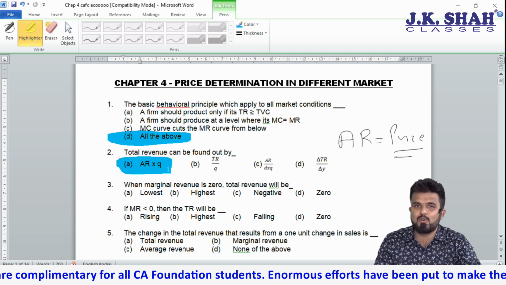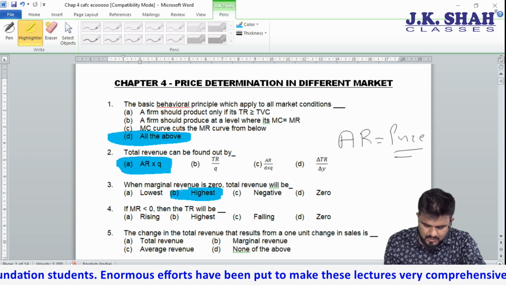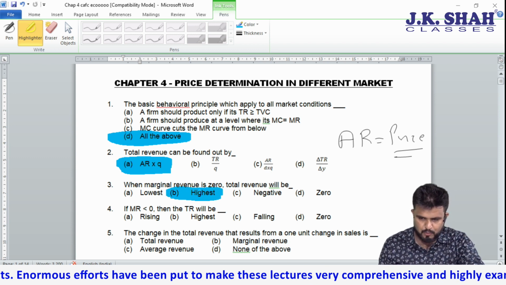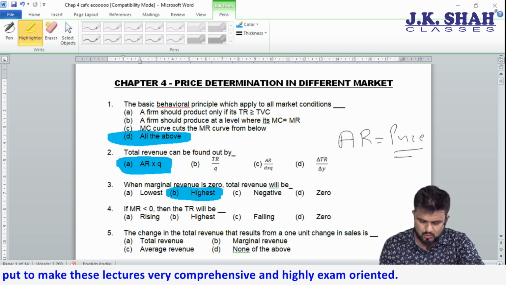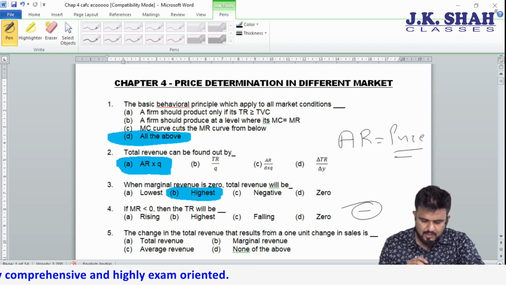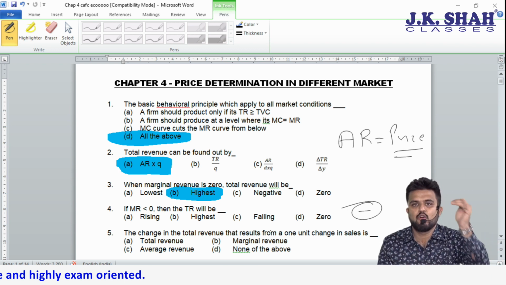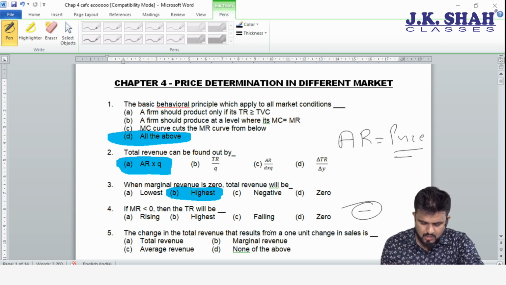MR is 0, TR is maximum. That is, they will be at which point? Highest point. Next, if MR is less than 0, can I say students, less than 0 means negative? Then TR will be falling. When marginal revenue becomes negative, total revenue will start falling.